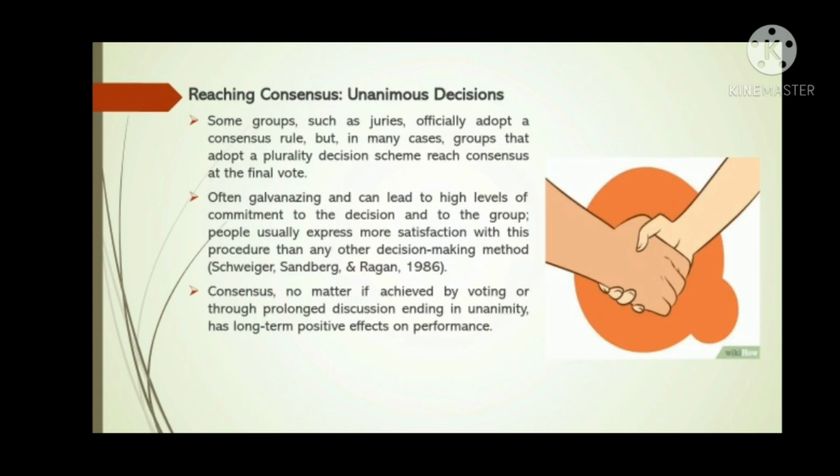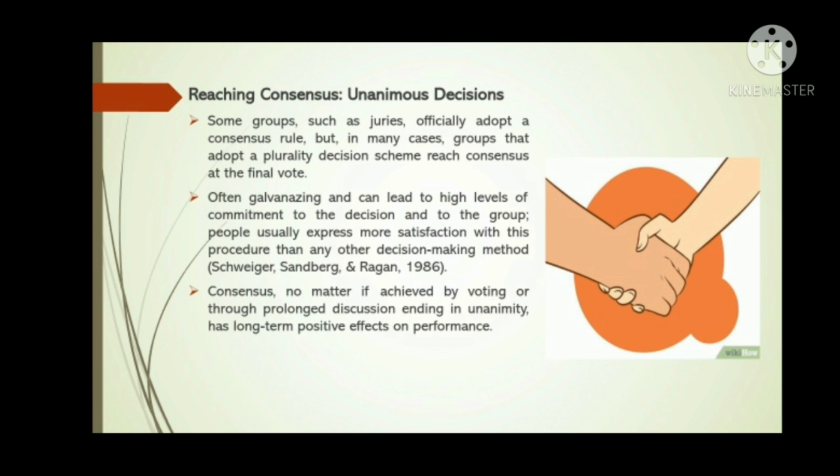Reaching consensus, unanimous decisions. The Bay of Pigs Advisory Committee took several polls of the members, but in the final review, the group's position was unanimous. All agreed that the covert invasion of Cuba should proceed as planned.